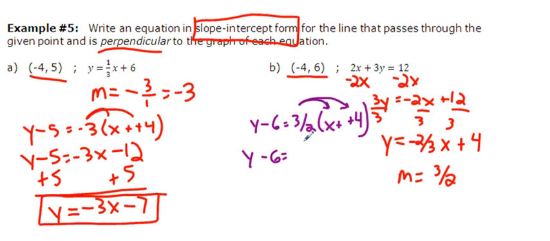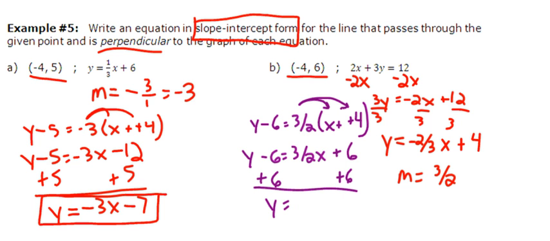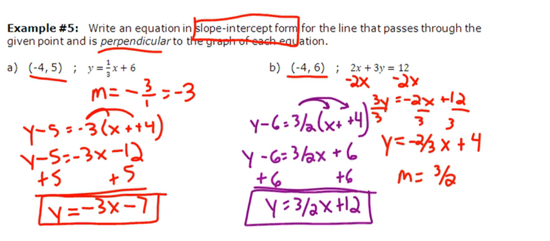So 3/2 times x is 3/2 x. 3/2 times 4 comes out to be a nice number. 3 times 4 is 12 divided by 2, so it's 6. So now to get the y alone, I add 6 to both sides. So y equals 3/2 x plus 12. There's the answer. There's my equation of my line.